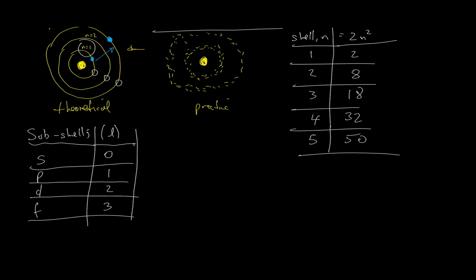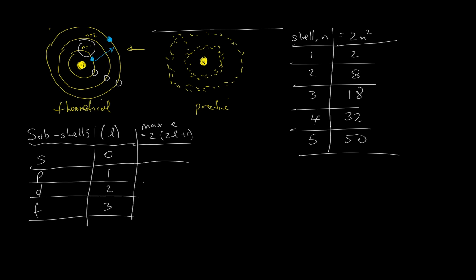We also have another algorithm here. The maximum number of electrons in a subshell is equal to 2 lots of (2L plus 1).